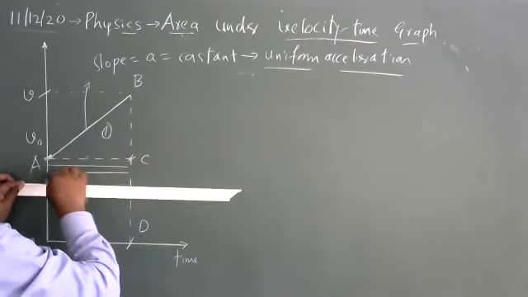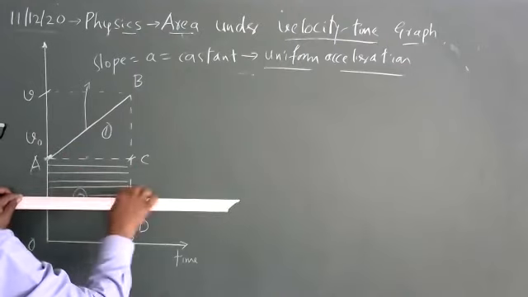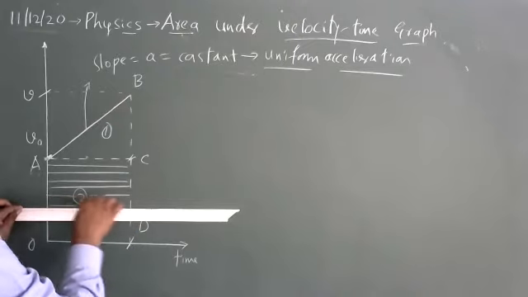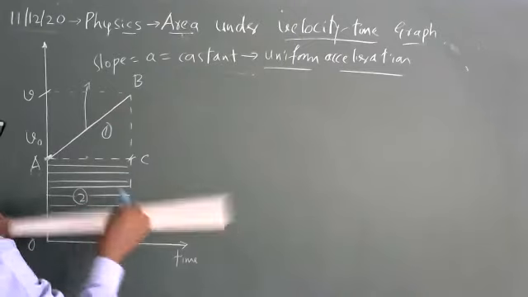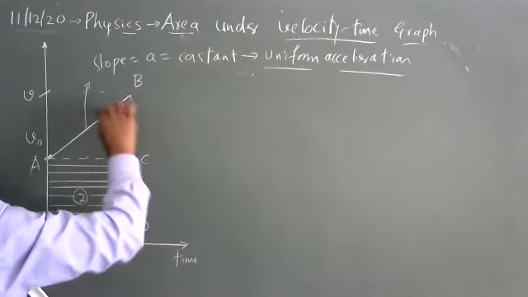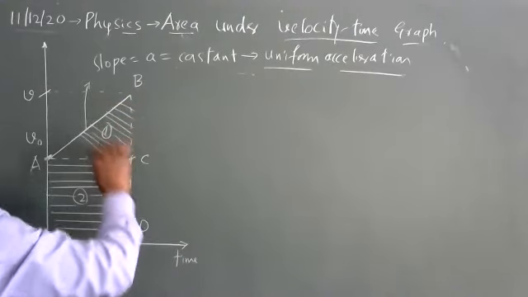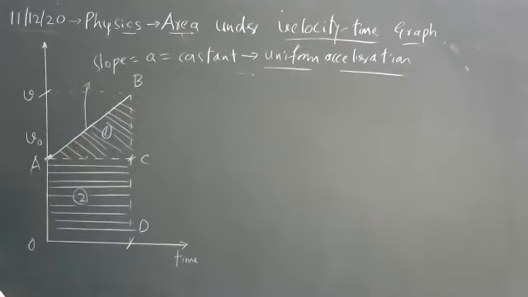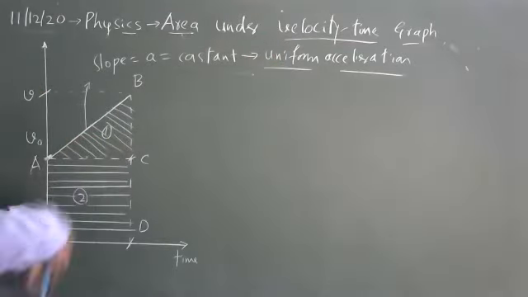Now here you can put it in this fashion. I completed. Now, area under the velocity time graph again gives me displacement.